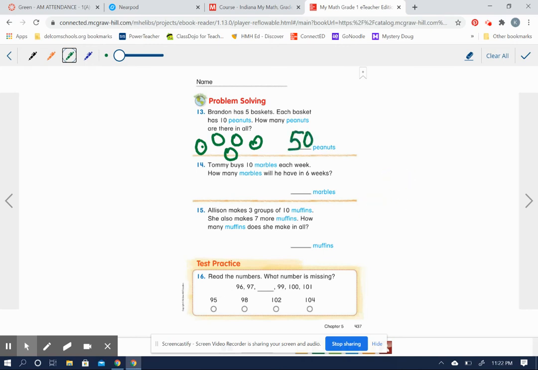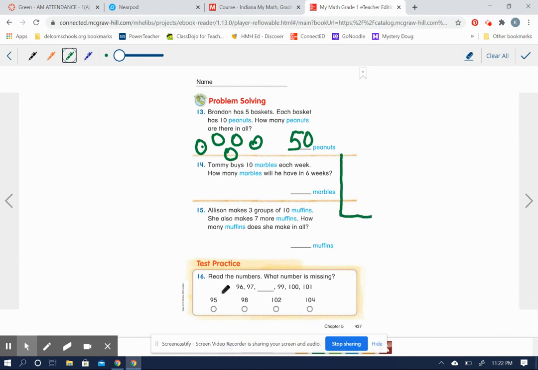Okay. Tommy buys 10 marbles each week. How many marbles will he have in 6 weeks? Well, I don't know if you remember when we made a table.